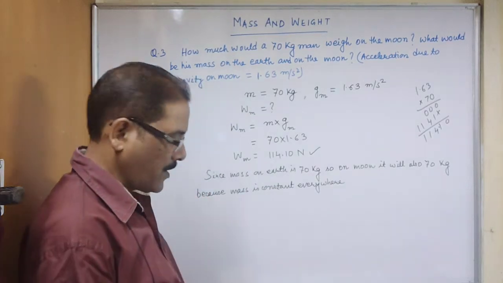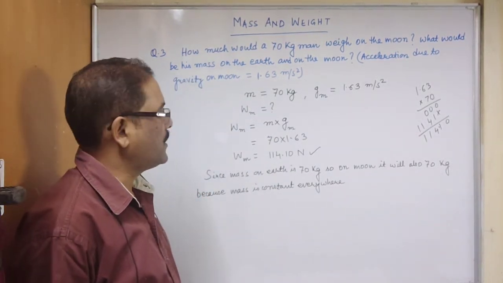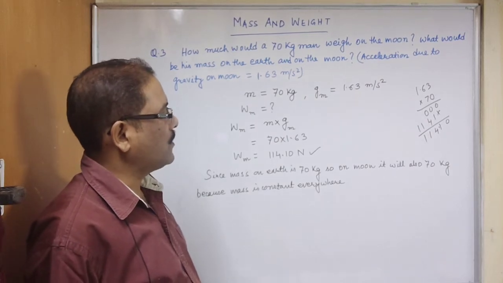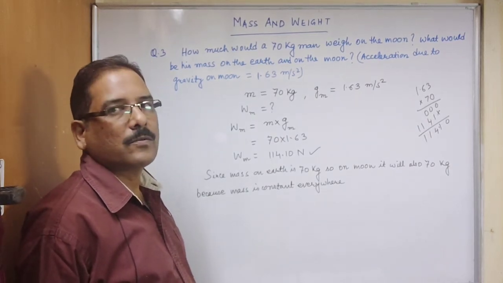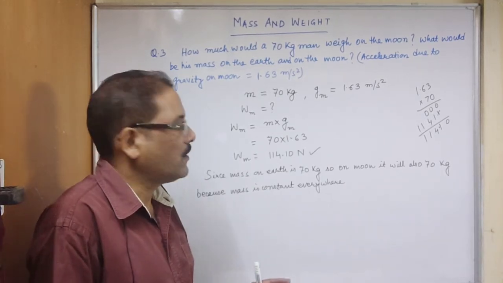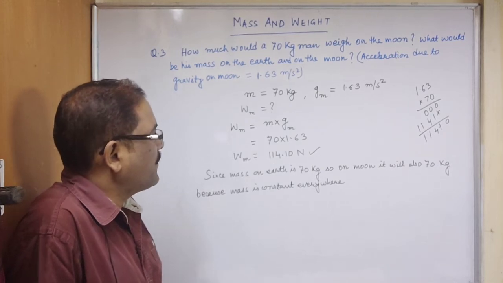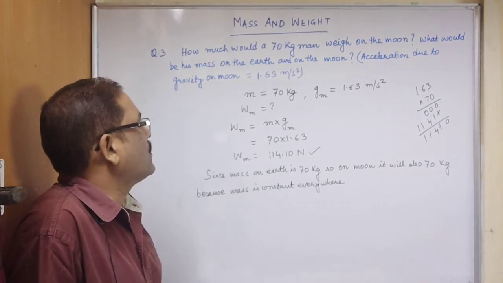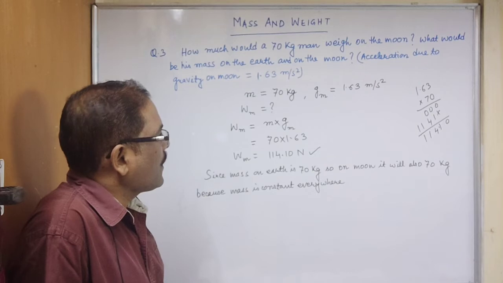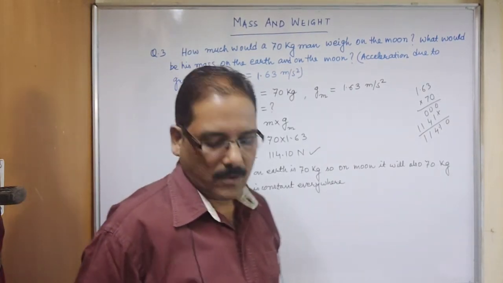That is an important point, children, that mass will not change whether the object is on the earth surface or on the moon surface, because the quantity of matter contained in an object is always constant. So its mass will be 70 kg on the moon also. So in this way you have to solve the questions.